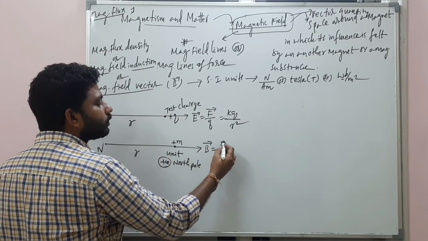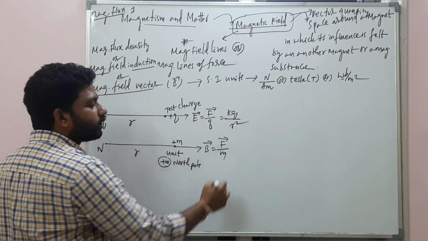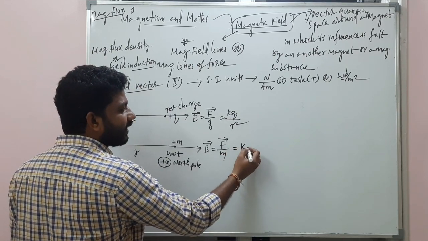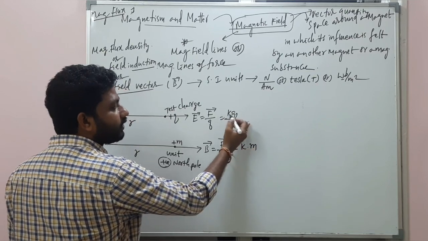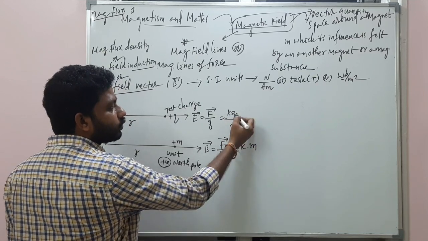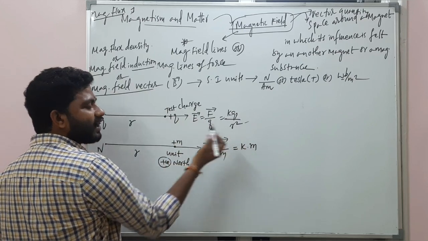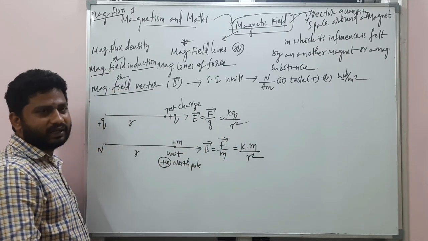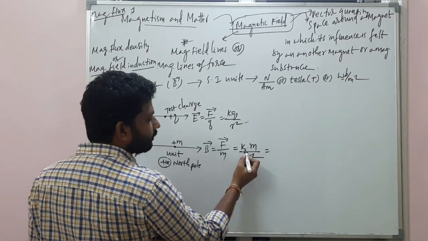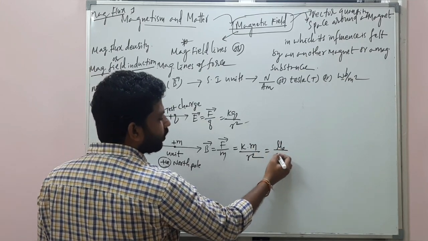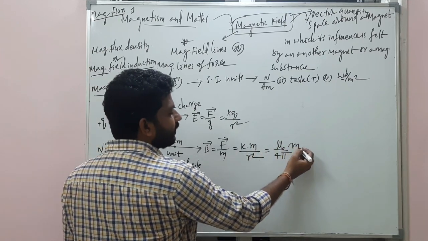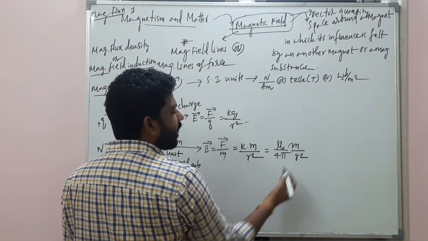B bar is equal to magnetic force per unit pole strength, which can also be written as K into Q, K constant, Q. In the place of Q, M, pole strength, divided by R square. It's so simple. This can also be written as K value is mu naught by 4 pi, which we discussed in the last class. Mu naught by 4 pi into M divided by R square.